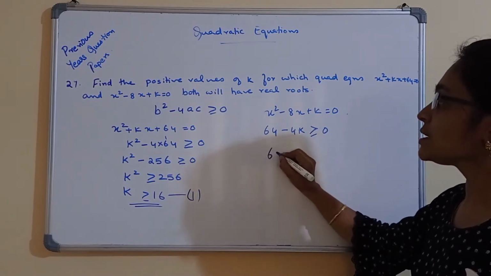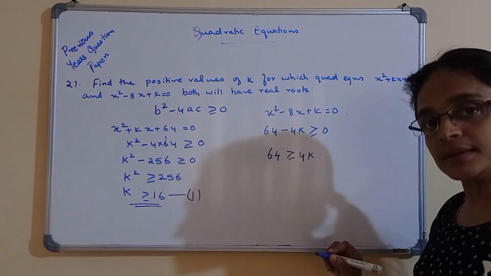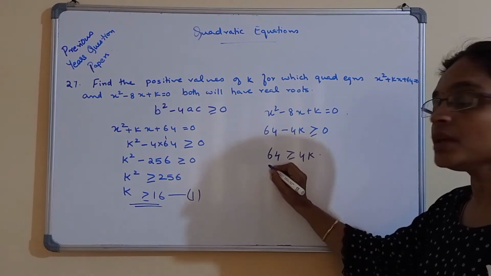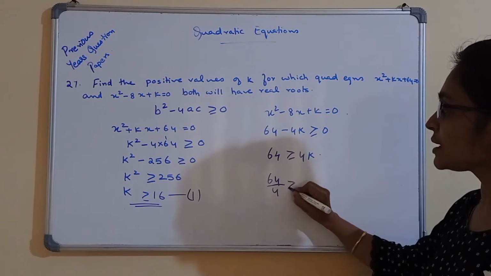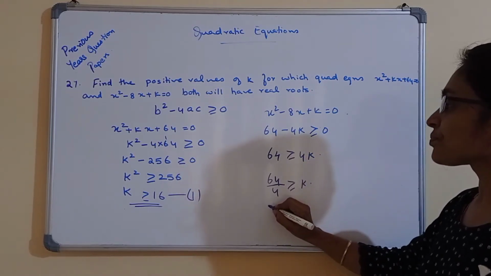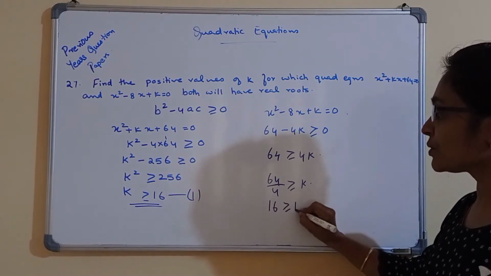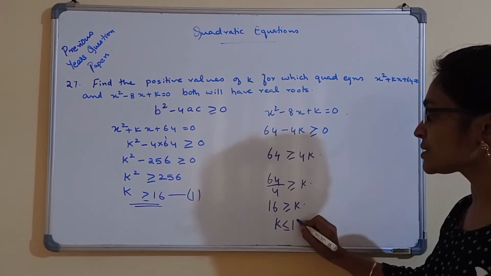Means 64 is greater than or equal to 4k. Right? Now, we can take this 4 to the left hand side. So, this becomes 64 by 4, which is 16, greater than or equal to k, and this means k is less than or equal to 16.